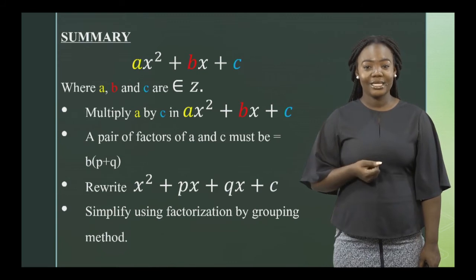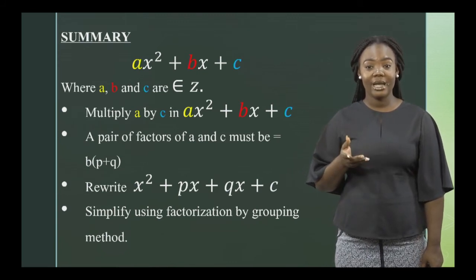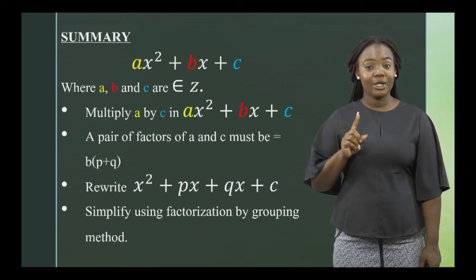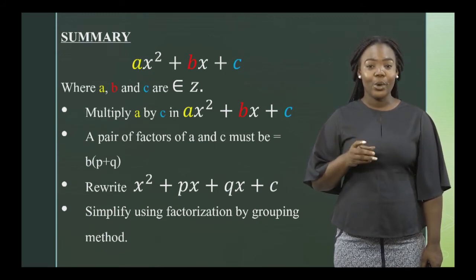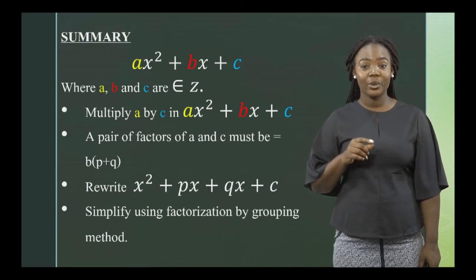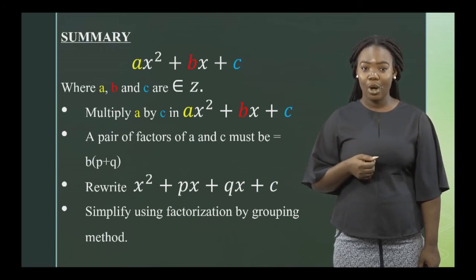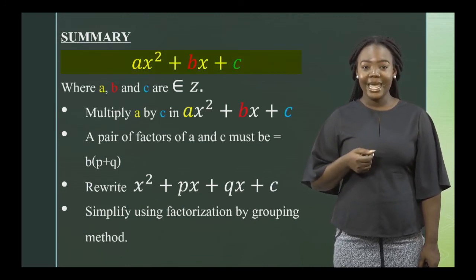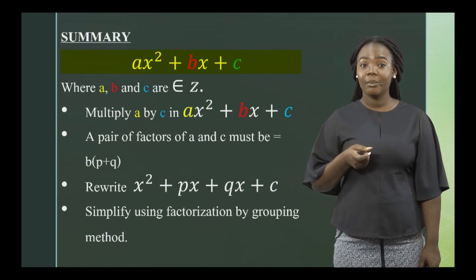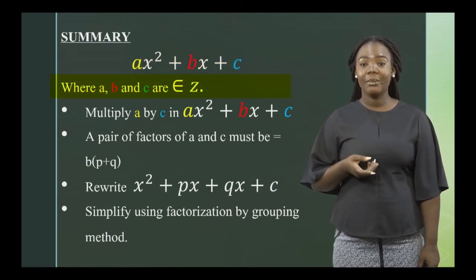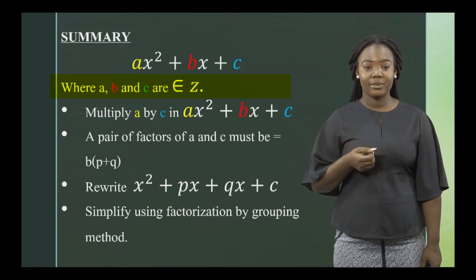So we looked at how you can factorize a quadratic expression. Let's recap what we completed in this lesson. We said that a quadratic expression is an expression in x where the square is the highest power. And the general form is represented as ax squared plus bx plus c, where a, b, and c are all elements of integers.